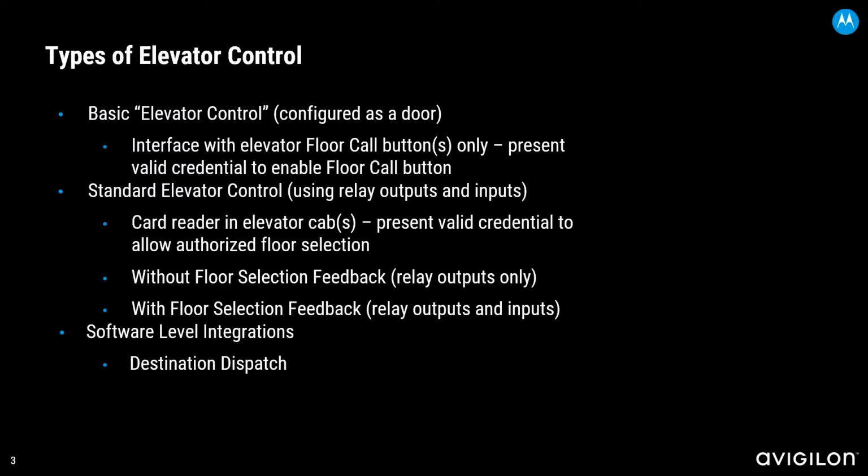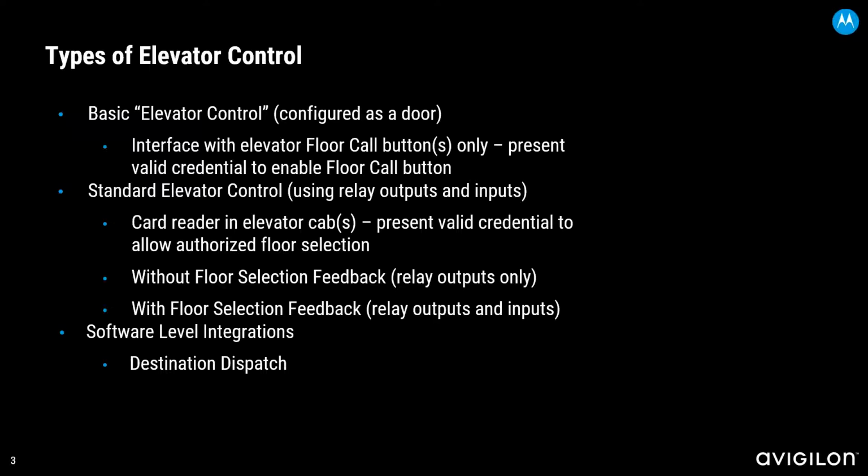In this instance, you don't have a card reader in the cab. The only place you have a card reader is beside the floor call button, and all you're doing is simply presenting a card. If you get a valid read, you enable that floor call button. Now the person can call the elevator. When they get on the elevator, they can go wherever they want. There's no controls inside the elevator cab itself.